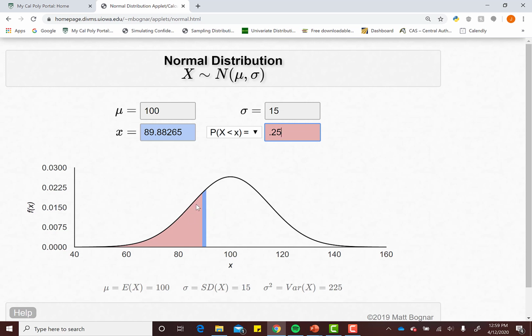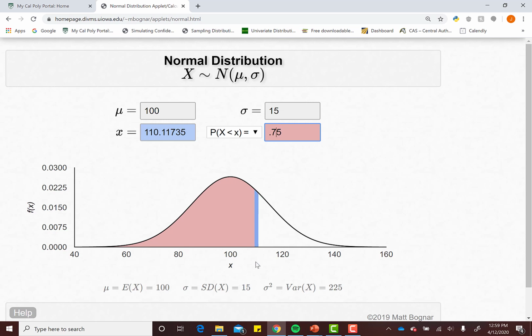And if we remember, to get the central 50%, we looked at the 25th percentile and we looked at the 75th percentile. So if we were to change this to 75, that is giving us the x value associated with the z-score 0.67, or the 75th percentile.